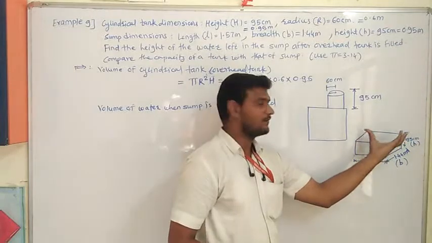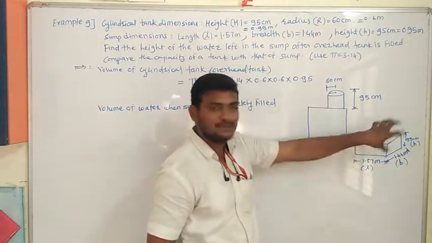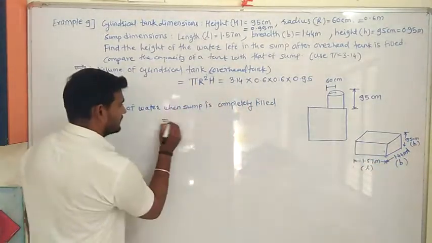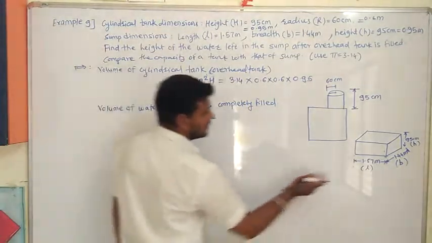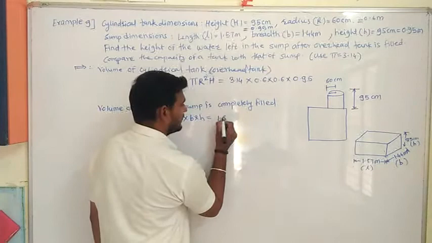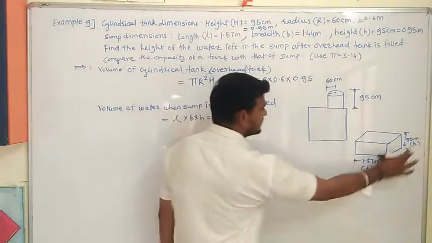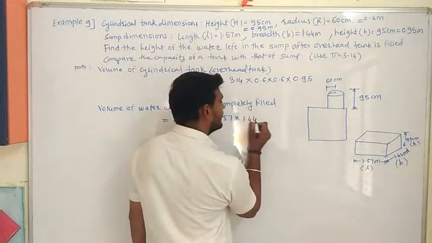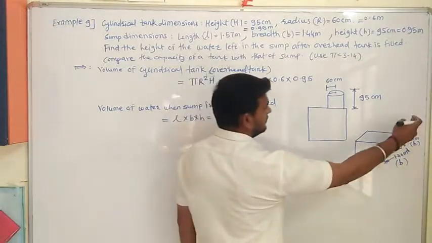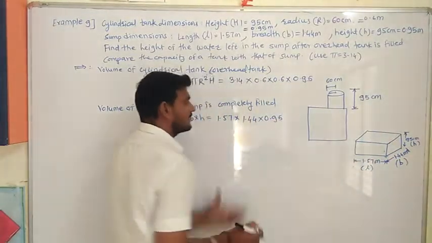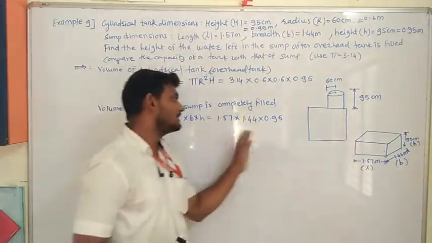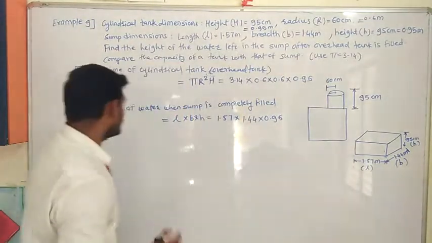What is the volume of water when the sump is completely filled? It means the volume of the sump only. That is L B H. Length of the sump is 1.57, into breadth 1.44, into height 95 centimeter. We have to take it in meters, because all units we are converting into meters.